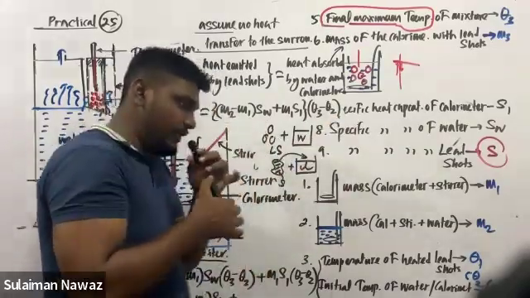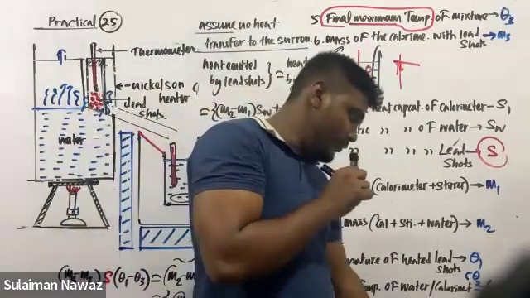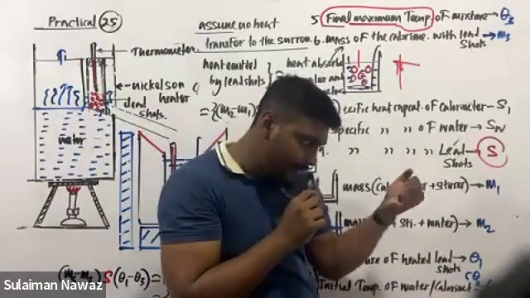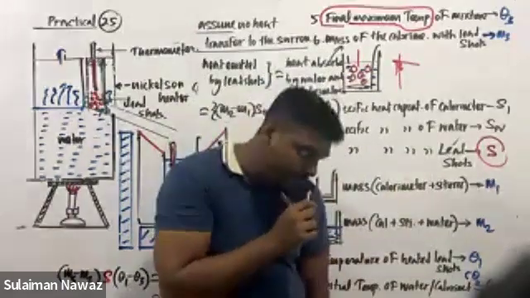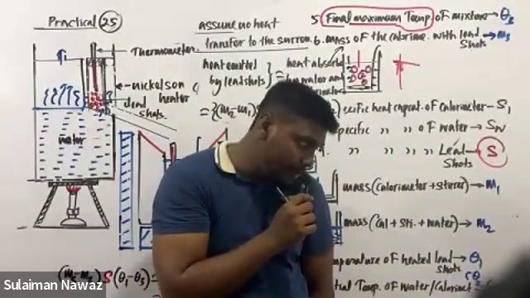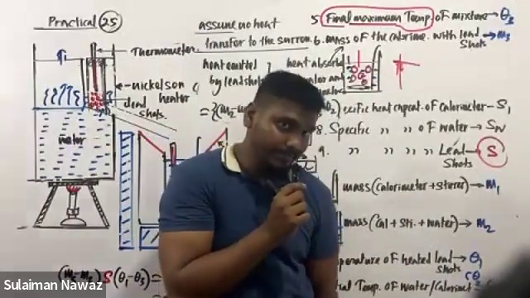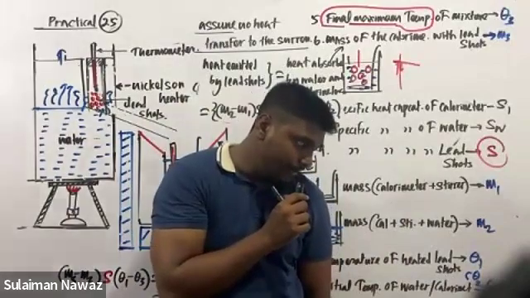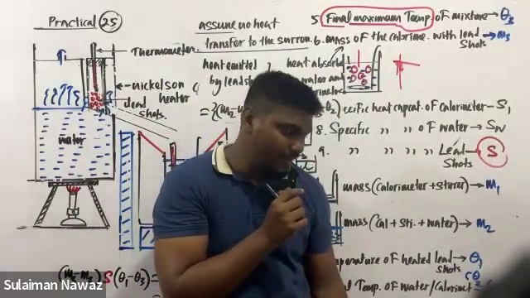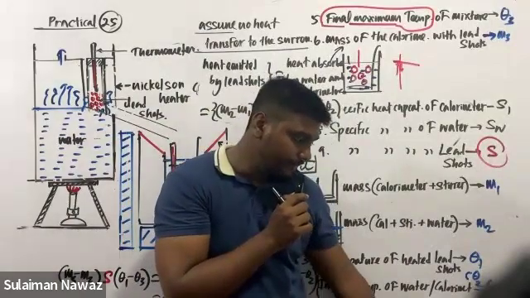Not that much difficult. So they are saying the specific heat capacity of a liquid can be found as in the above experiment by using the liquid whose specific heat capacity is to be found instead of water, and a solid substance whose specific heat capacity is known instead of lead shots. That's the story.